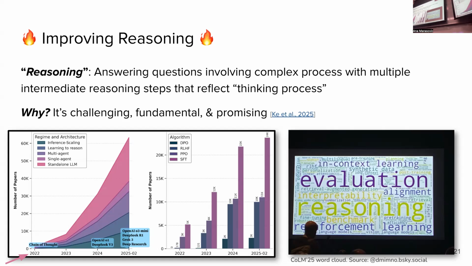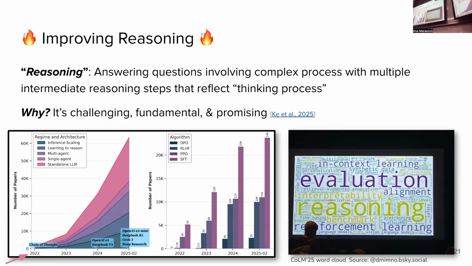In AI, terms are very overloaded, right? So reasoning can mean actually many things, but how we use it in our AI community in 2025 is to refer to the ability to answer questions that involve a complex process with multiple intermediate steps, and that the model can actually verbalize its thinking about those steps.